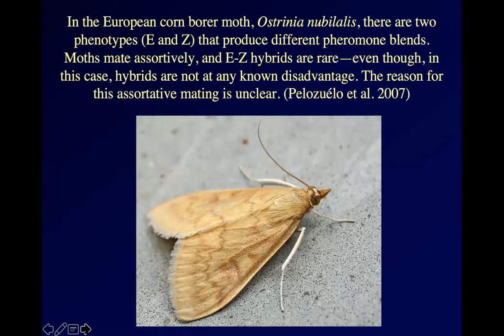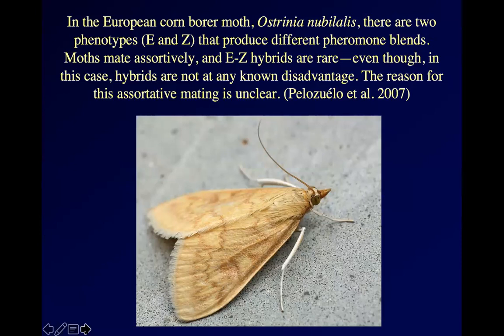Dissortative mating is more rare. There's one that's been found in the European corn borer. It's a moth. And in moths, they all tend to look alike, but sight is not moths' main way of perceiving the world, it's smell. And the two phenotypes of Ostrinia nubilalis look the same, but they produce different pheromone blends.